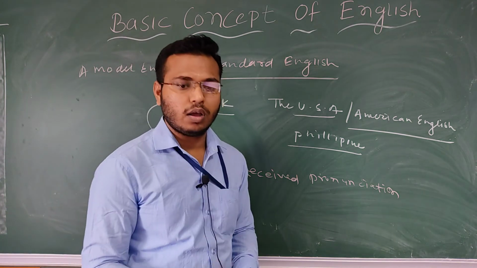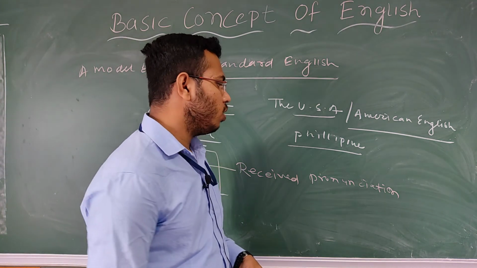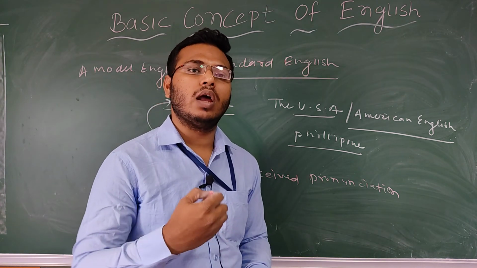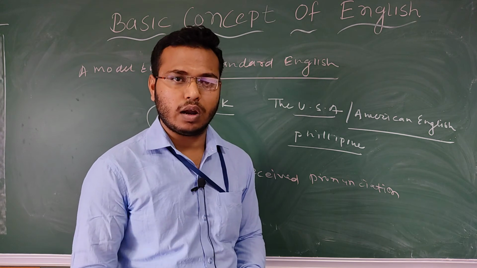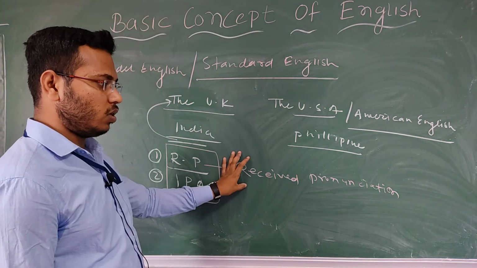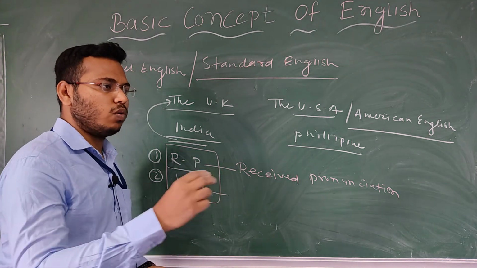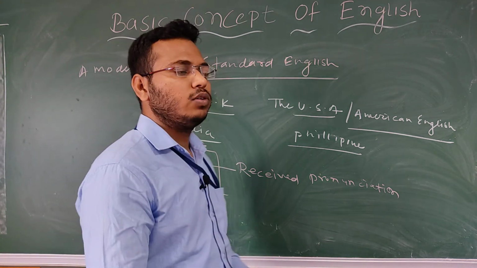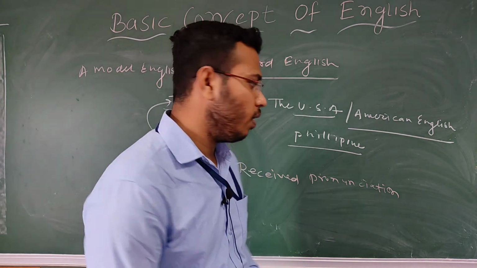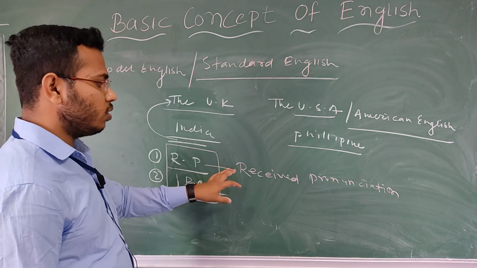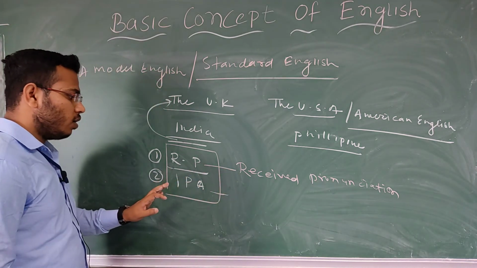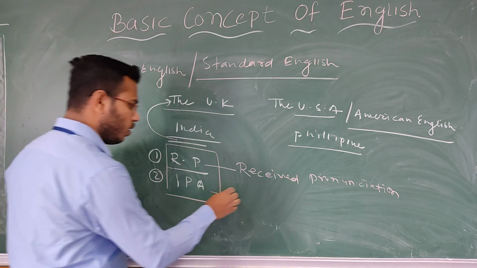If in India we are following the British system, we should speak as the people or students speak in the schools of England or the UK. This is what we call received pronunciation. We should pronounce a word in the same way as the children, students or people of the UK or England say it, and that will be considered standard or received pronunciation.